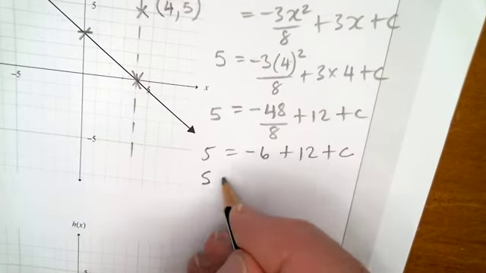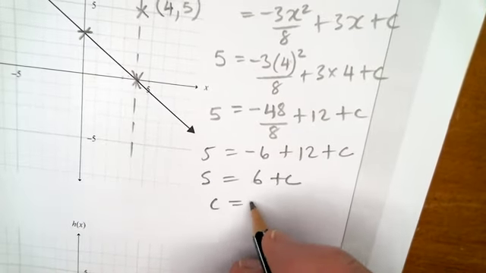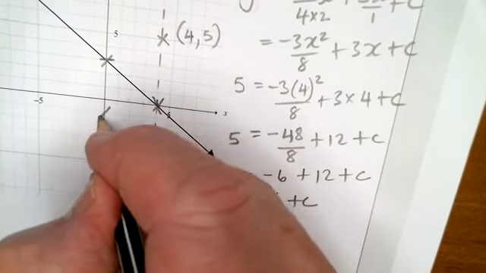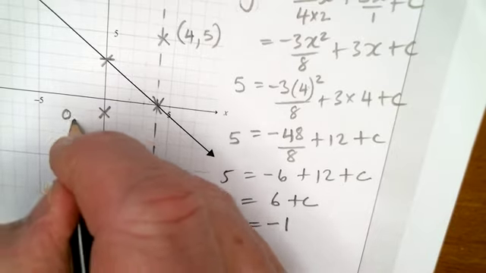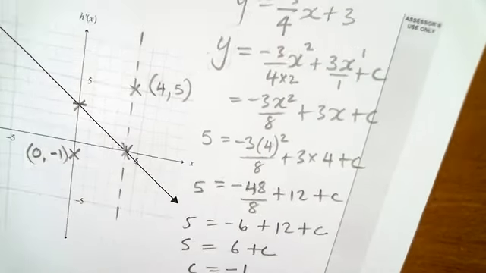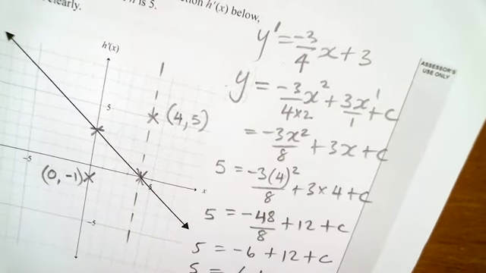So 5 is equal to 6 plus c, so c is equal to negative 1. Therefore the point it crosses here will be at 0, negative 1. There is my intercept, and it's going to cross at negative 1.